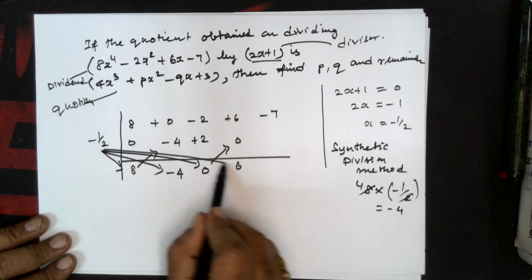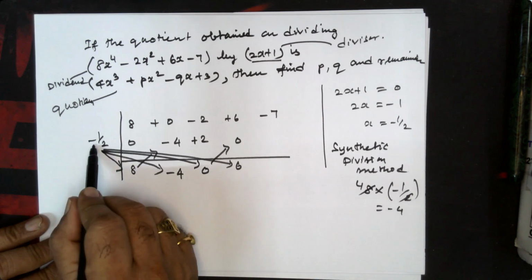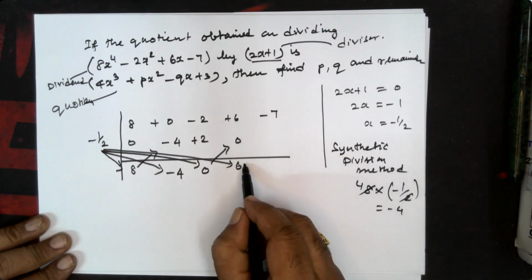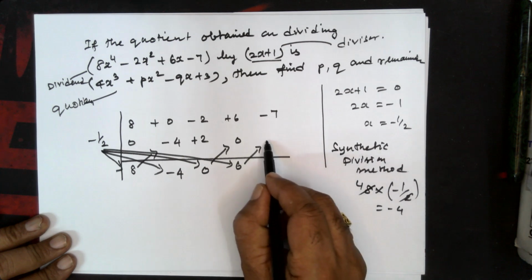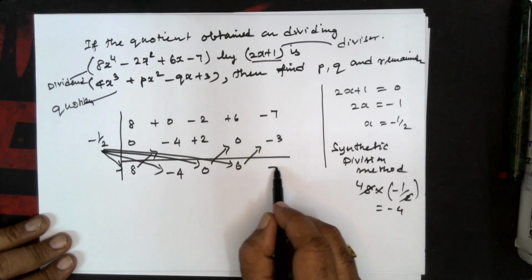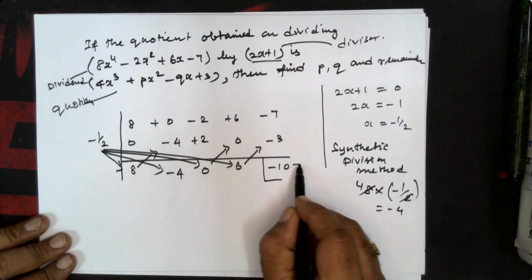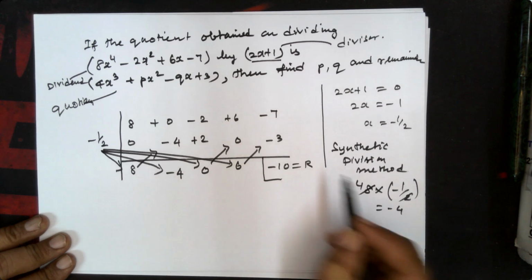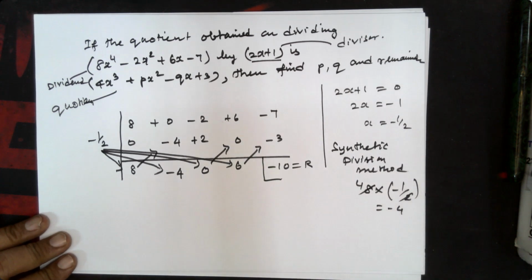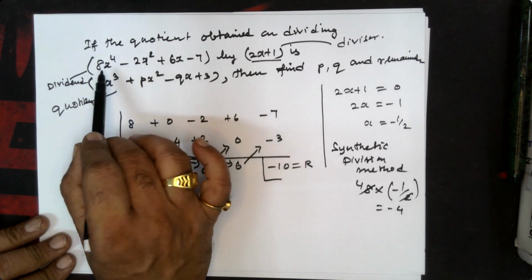And again multiply: minus half into 6 gives minus 3, means minus 10. So we have found the remainder. The remainder is minus 10.